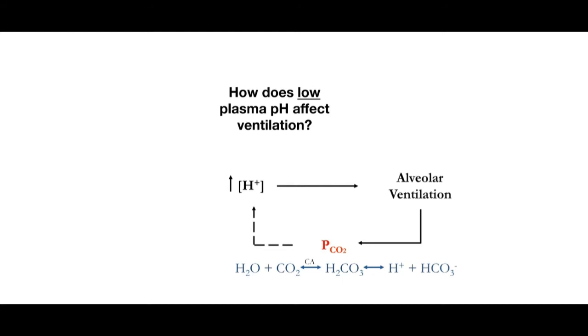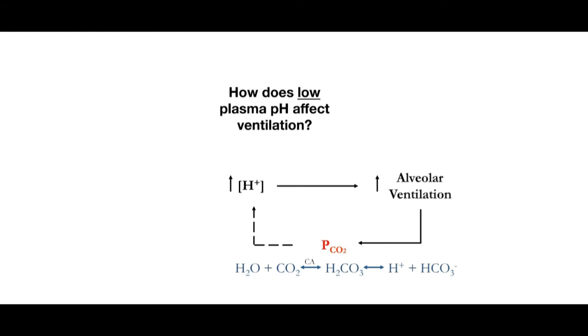All right, so how is a low pH of your plasma going to affect ventilation? This should be a little bit of review from the last unit. So lots of protons, what's going to happen to your ventilation? Why? To try and do what? Bring down your CO2 partial pressure by blowing it off.